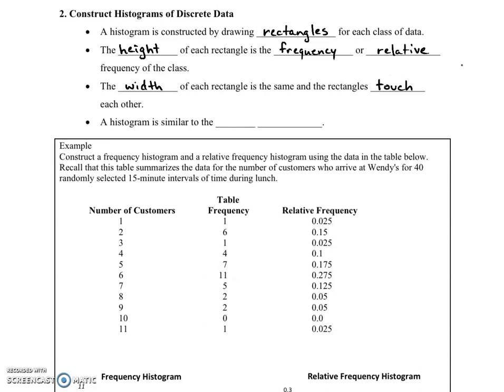So in a bar graph, let's remind ourselves, the rectangles don't touch. They're separate. In a histogram, they're going to look like this. They will touch each other.